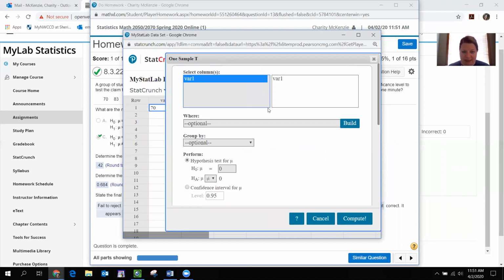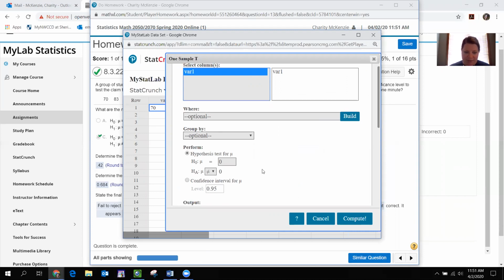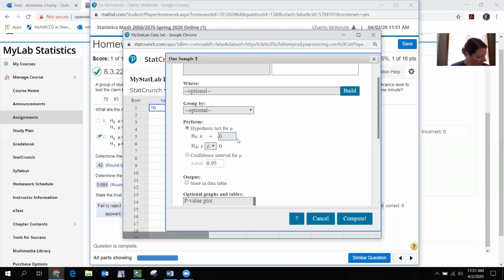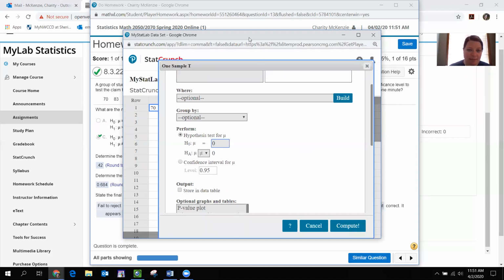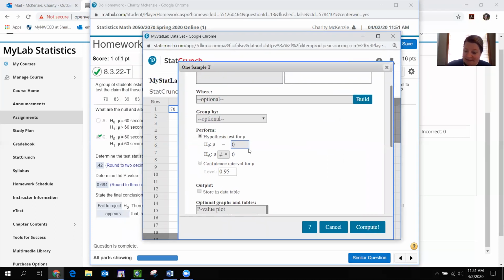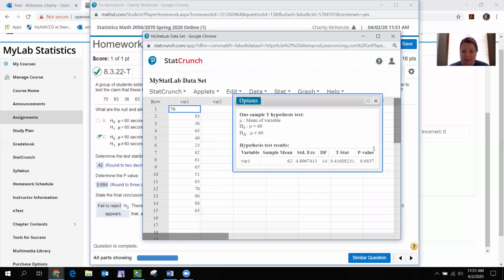It's in that column. And we go down here in our hypothesis test. Goodness, now I can't remember what we said our hypothesis was. 60 seconds, that's right. So equal or not equal to 60 seconds. And then we're going to compute. And here's our T statistic and our p-value.